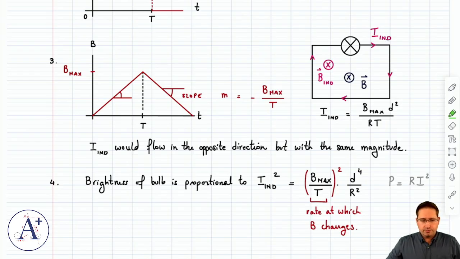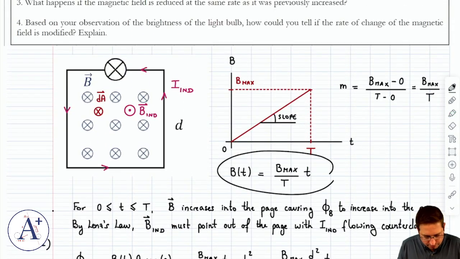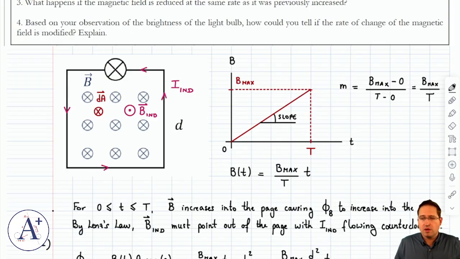So, this is for a problem where induction occurs because magnetic flux changes, and magnetic flux changes because the magnetic field changes in magnitude. Either you find the function B of t, which we had to do.